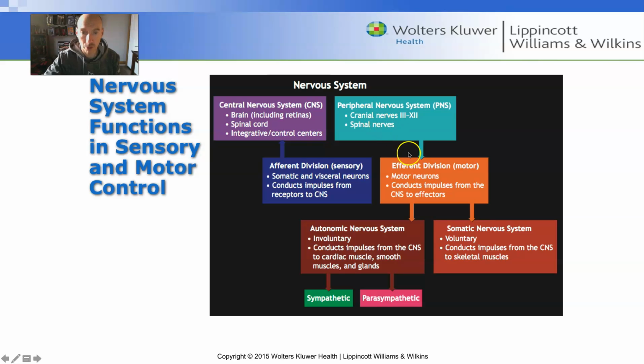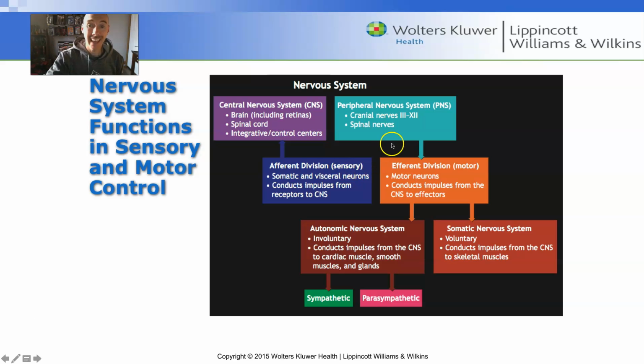So within the peripheral nervous system, we have what is known as the efferent division, okay? And then we have the afferent division. Now, I'm not going to worry too much about you all remembering the difference. However, it is worth noting, afferent is ingoing to the central nervous system. So all of your sensory information travels back towards the brain and spinal cord via the afferent, with an A, division, okay?